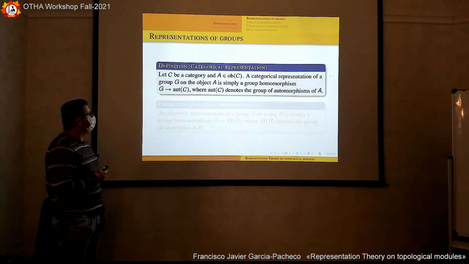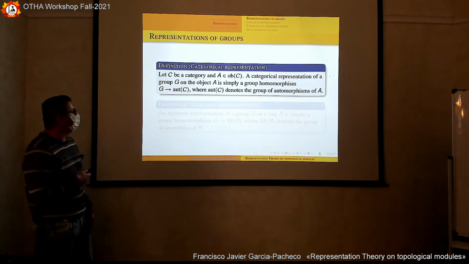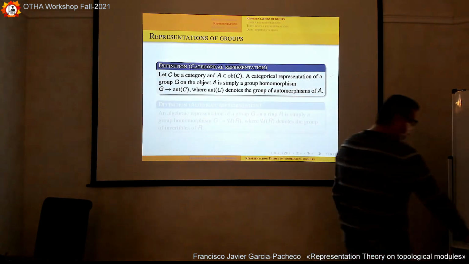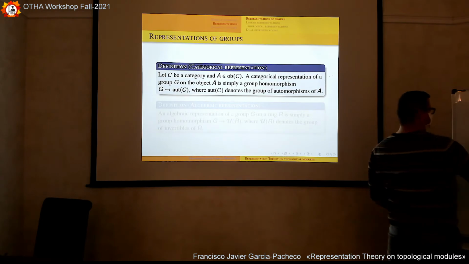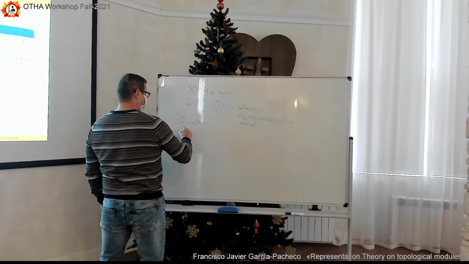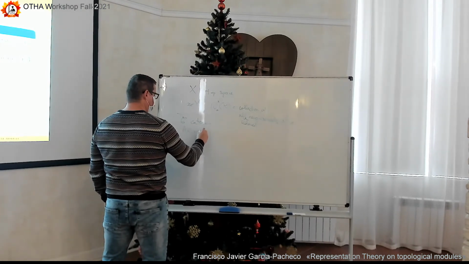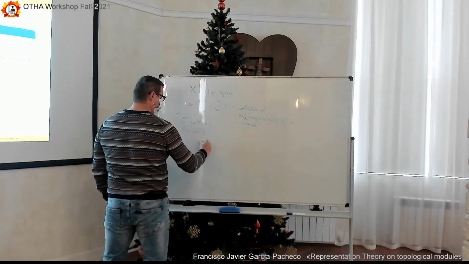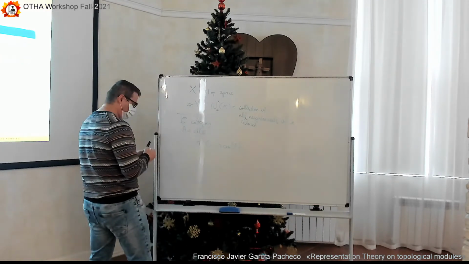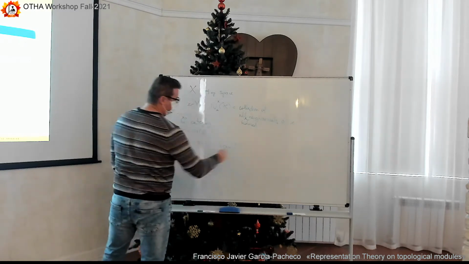You have a category C and A an object of C. A categorical representation of a group G on the object A is simply a group homomorphism of G into the group of automorphisms of A.